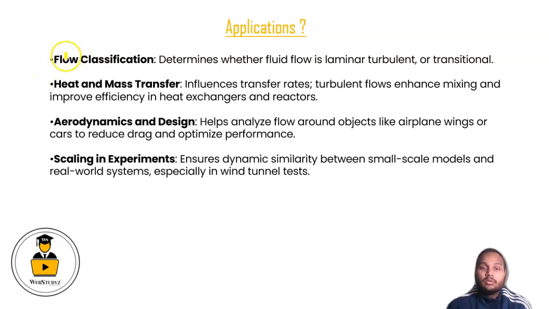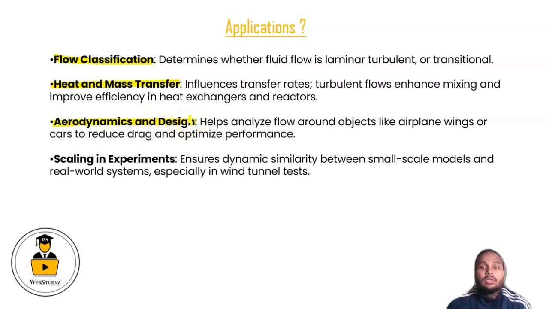The very first one is flow classification, to determine whether it is laminar, turbulent or transitional flow, which we discussed just now. Another one is heat and mass transfer. It influences the transfer rate. Turbulent flow enhances mixing and also improves efficiency in heat exchangers and reactors. Thirdly, it is used in aerodynamics and design.